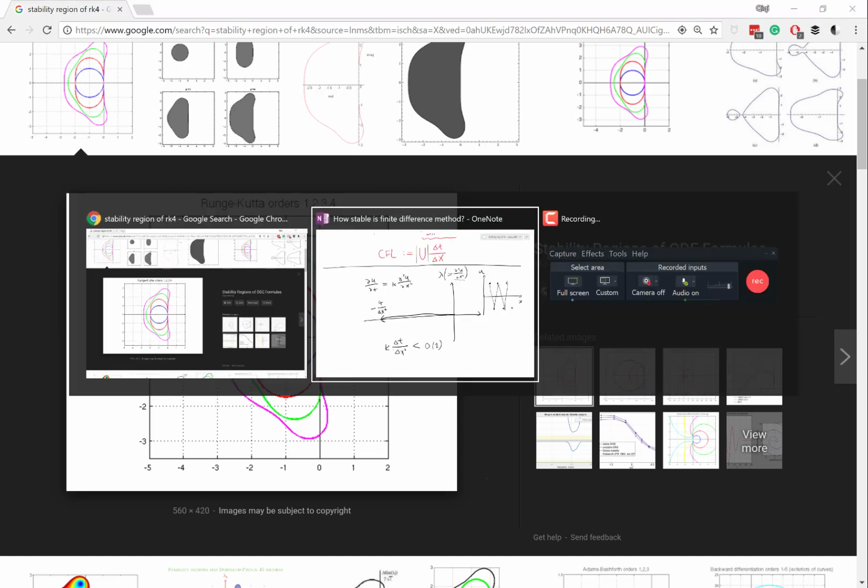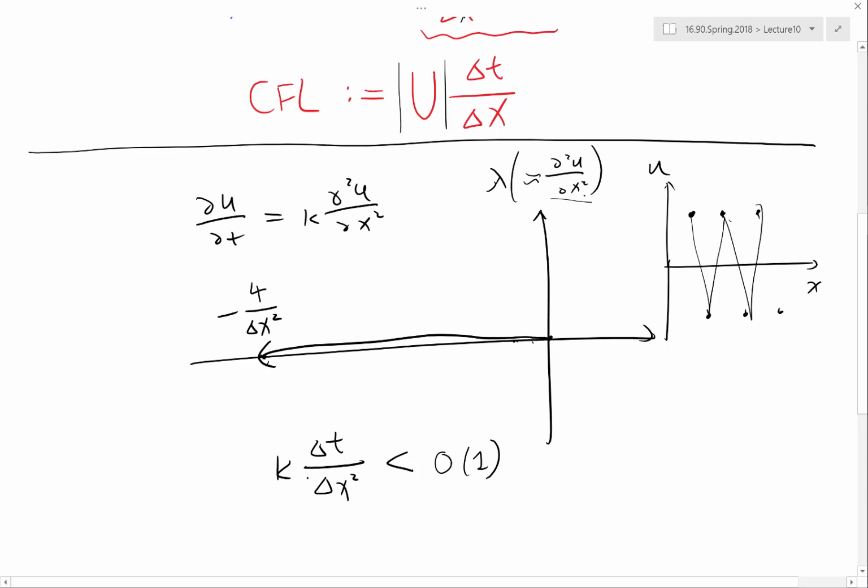So if I use explicit solvers for an equation with a strong parabolic term, my time step size is going to be very, very severely constrained by the square of delta x. Now that goes back to what I just said: if I have high Reynolds number flow, we use an implicit solver.